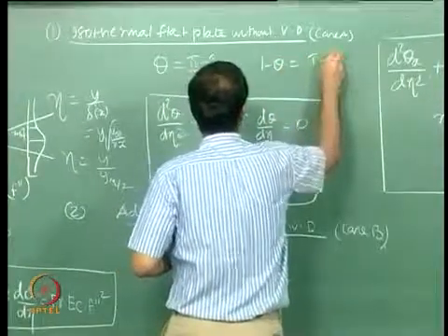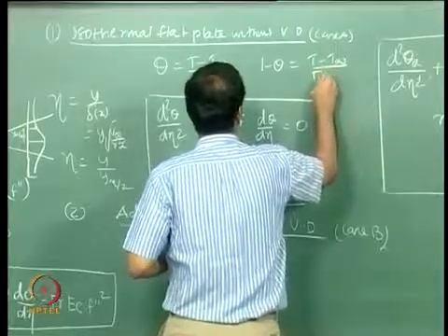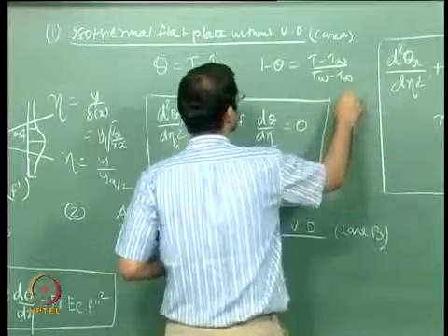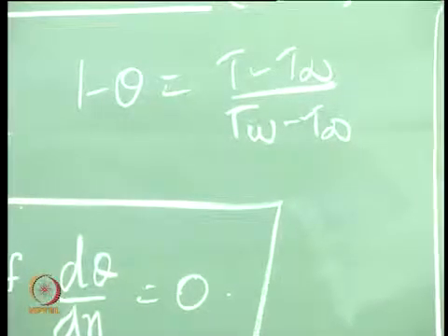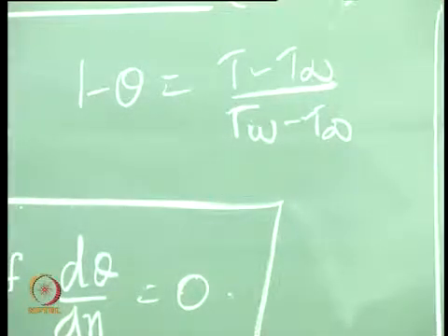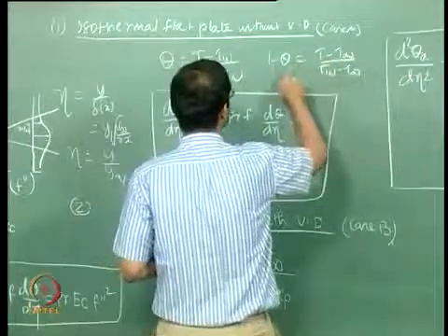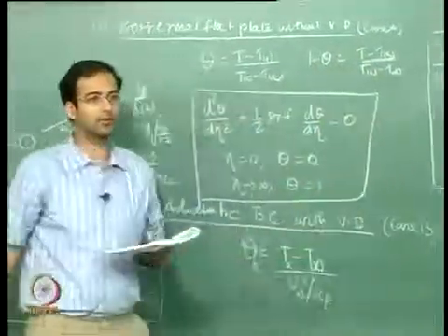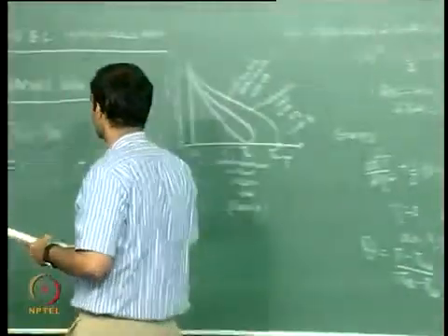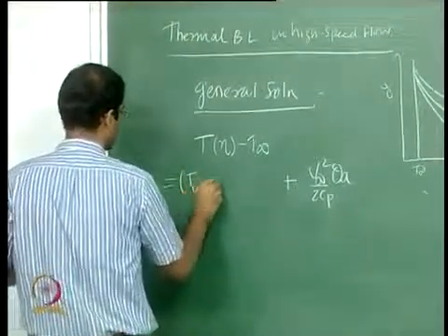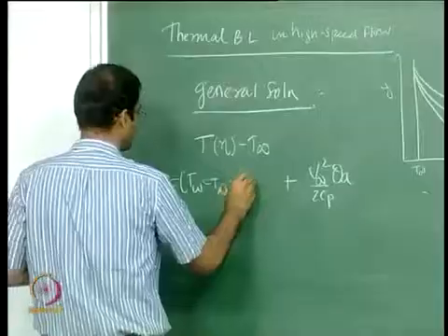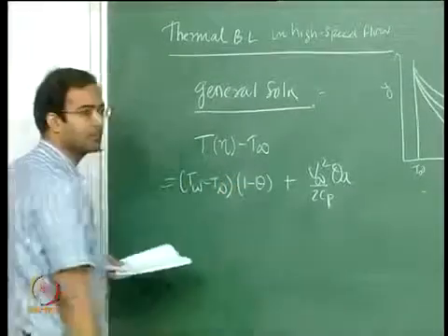T minus T infinity by T wall minus T infinity. Is that right? The signs will flip. So therefore I can write T minus T infinity as 1 minus theta into T wall minus T infinity. So this can be written as T wall minus T infinity into 1 minus theta.